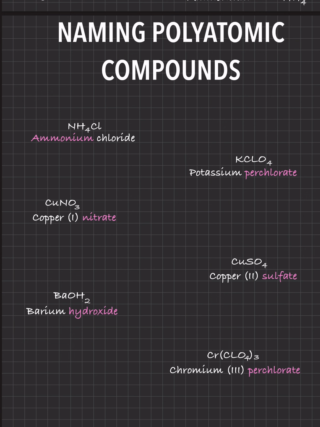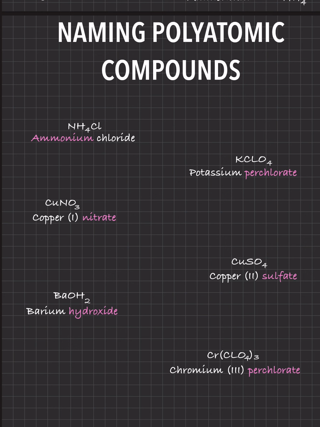Likewise here, this 2 originally belonged to that barium. And even though you don't see it, there's a 1 here that originally belonged here at the hydroxide. So that's what I'm saying: you already did the crisscross. That's what I mean by the crisscross method was already done.